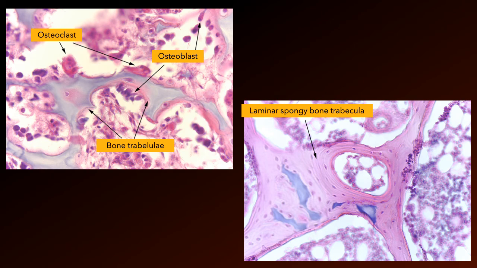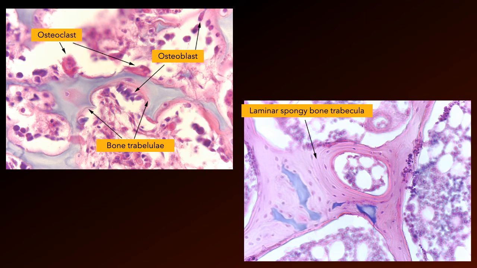You can even see several nuclei in those bone resorbing cells, just on top in the left image. Also, osteoblasts rebuilding a trabecula are present. You can see them close to the trabecula in some areas.